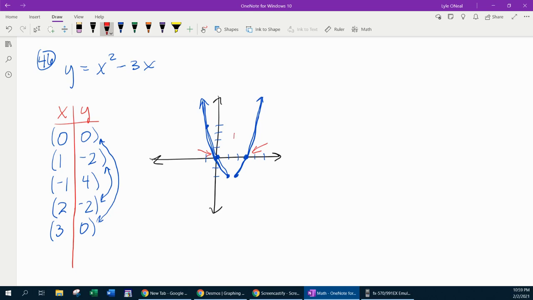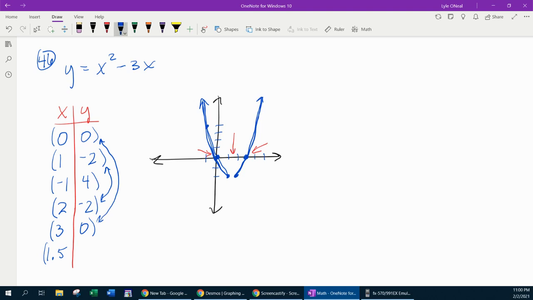And so if I go right to the middle of those 2 points, that would be where the vertex is. And so I am going to go ahead and prove that right in the middle between those 2 points is going to be an x coordinate of 1.5. And if I plug that in to the function, I should get a number lower than negative 2 because the vertex should go a little bit lower than these points right here.